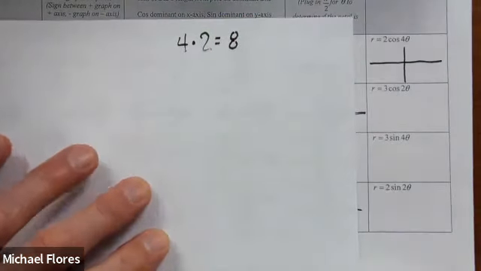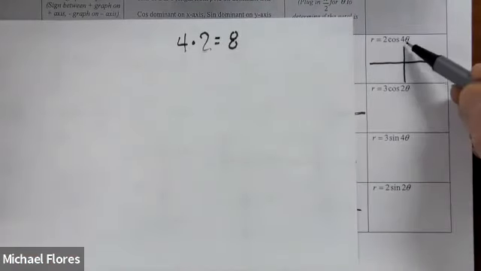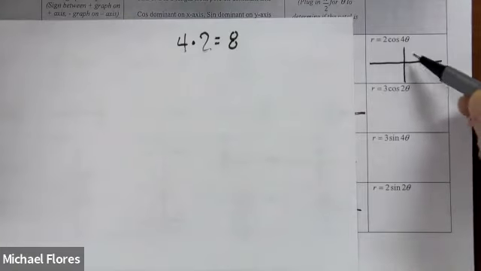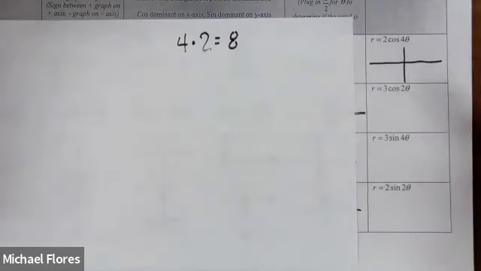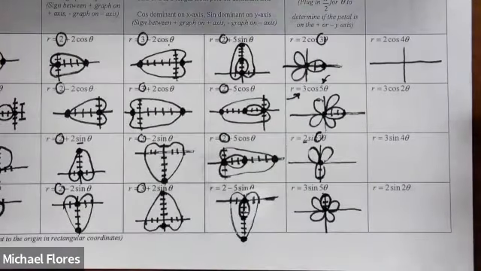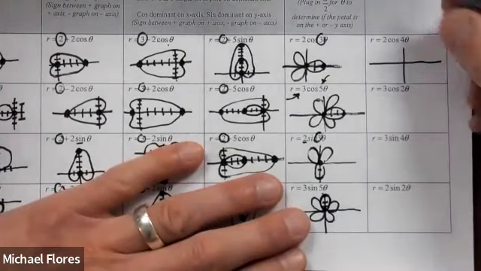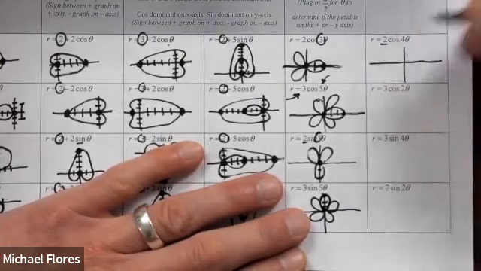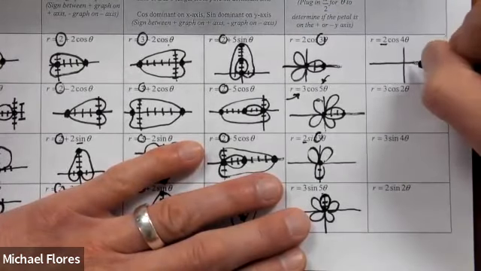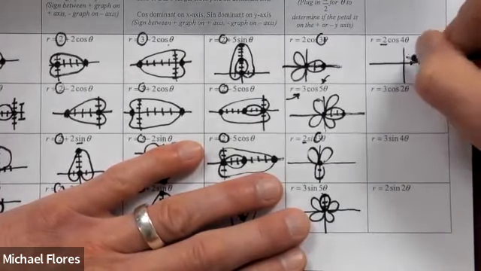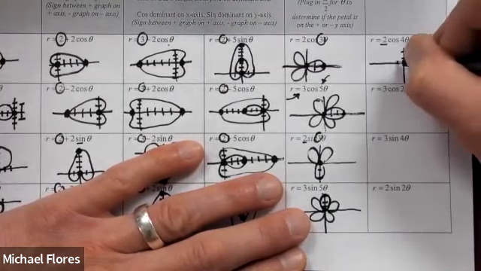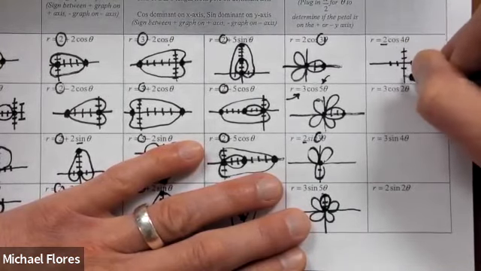8 petals. If your n value is even, what that means is you're going to have a petal that is symmetrical on every one of these axes. So our length for each of these petals is going to be 2. From the pole, we go right to, up to, left to, down to.